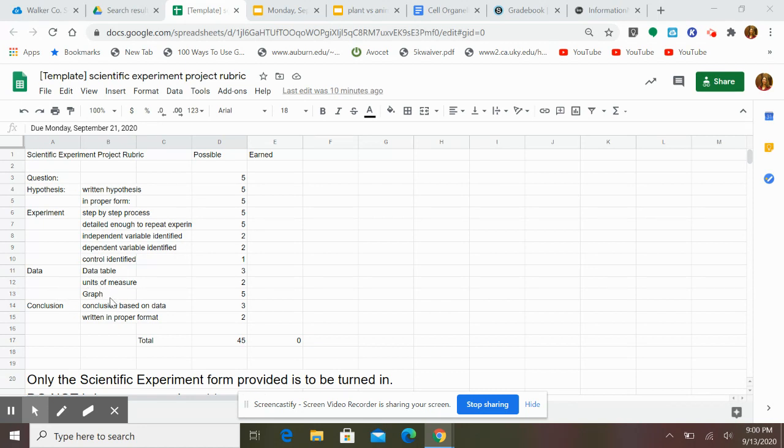But you must include the graph. Go back and look in your notes at all of the parts of an acceptable graph to make sure you include all of the necessary parts, including a title. You must label your X and Y axis with the appropriate labels.